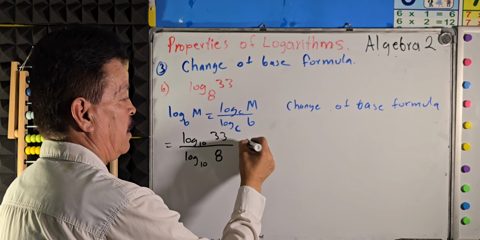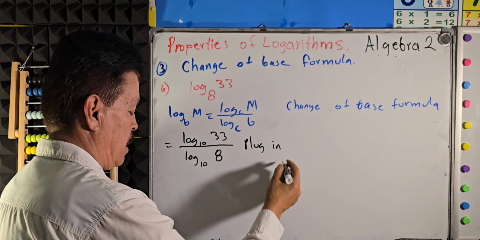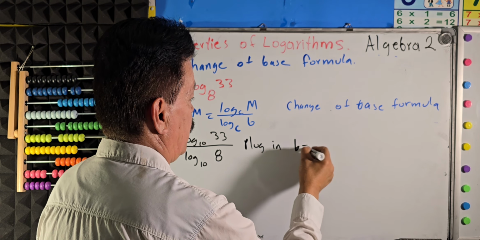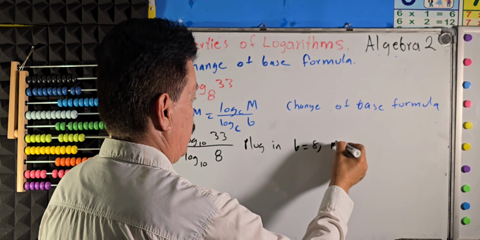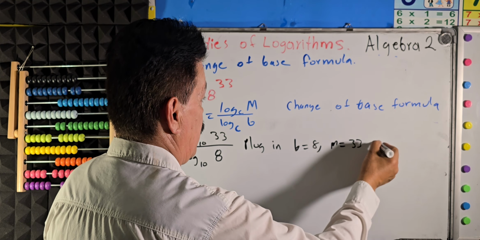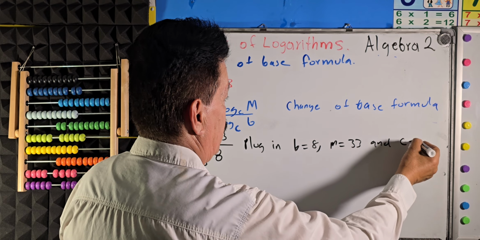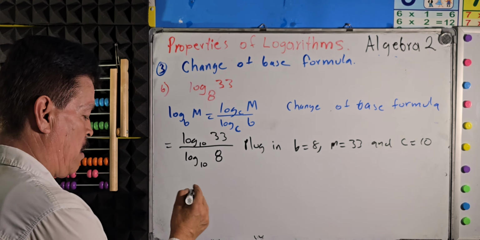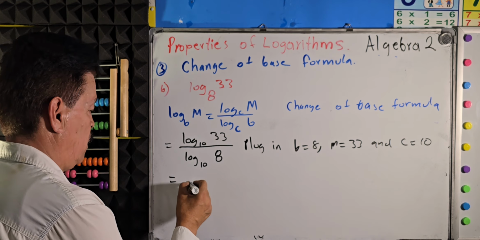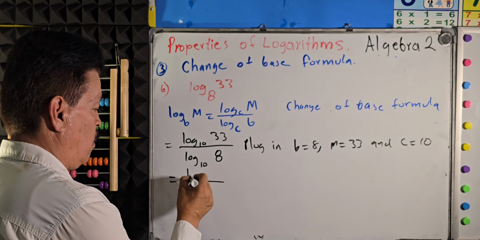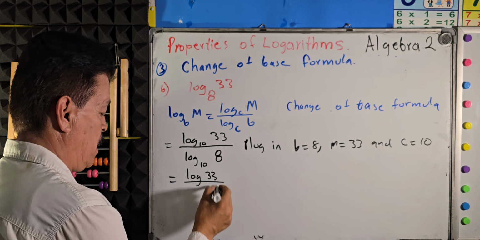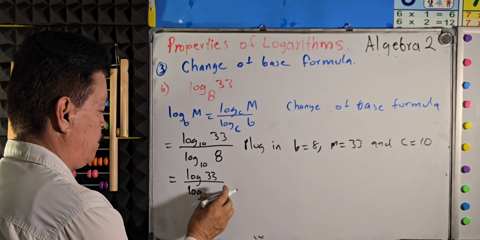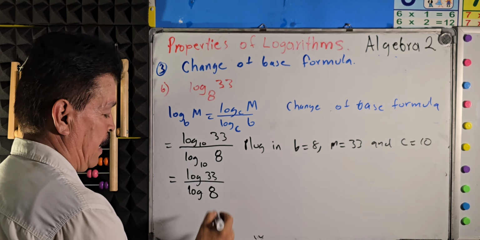So here is plugging in: b equals 8, m equals 33, and c equals 10. All right. So now we simplify: log 33 divided by log 8.